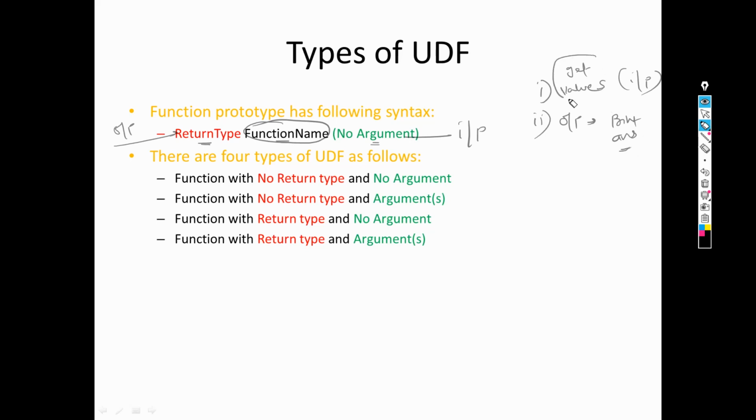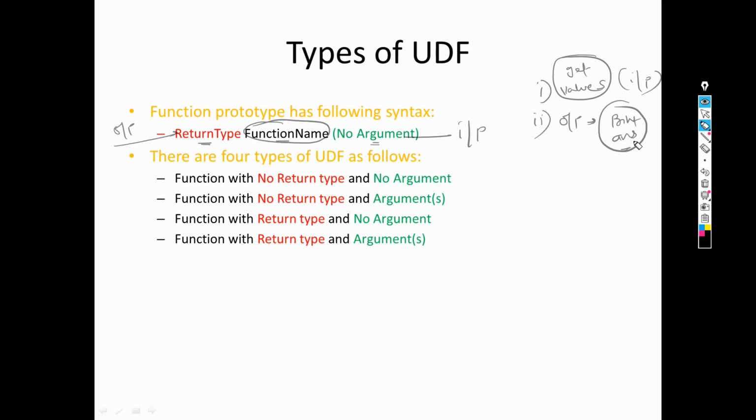Getting the value and printing the answer are very important things. If you have calculated the answer but you are not printing it, then how can the user get to know what the answer is? So printing the answer is very important.